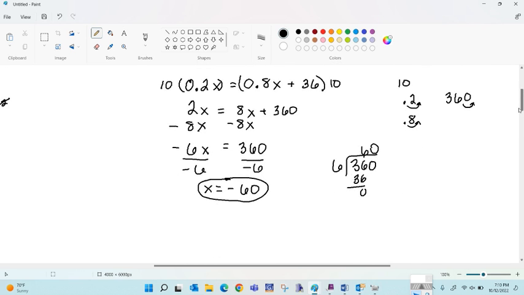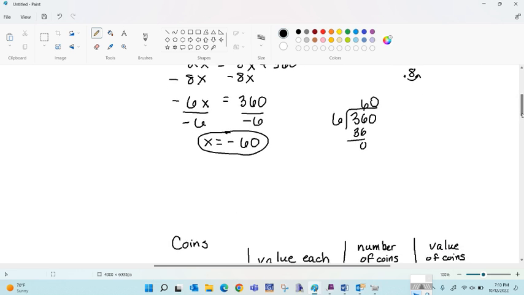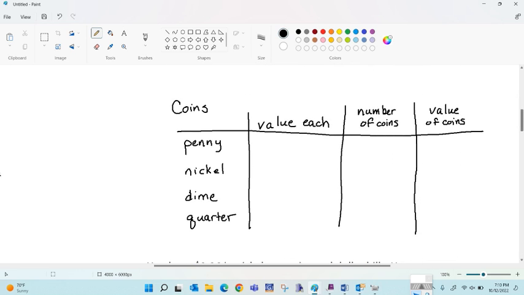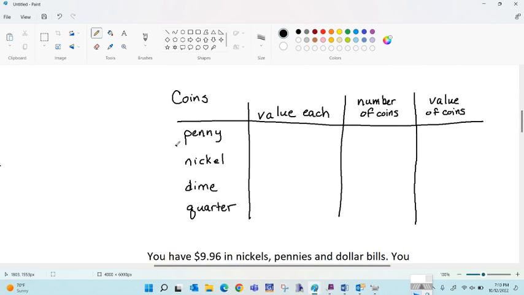All right, now I said we were going to talk about coins, so let's talk about coins for a while. Each penny is worth 1 cent. In dollars, that looks like this. So if I have P pennies, that's the number of them, the value of all of those coins is 0.01p.